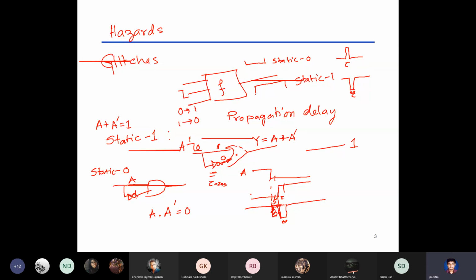Now the question is, if we don't have this kind of circuit realization, will we not have a hazard? The thing is that even for 2-level circuits, let's say I have a 2-level circuit, I'm just writing down the expression.